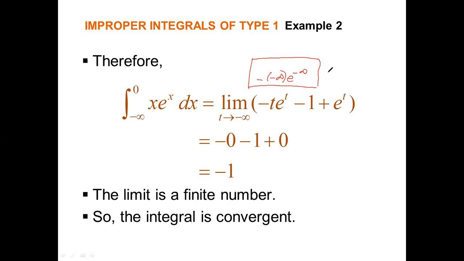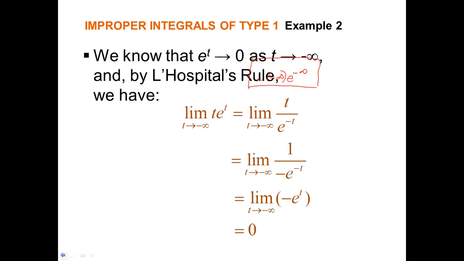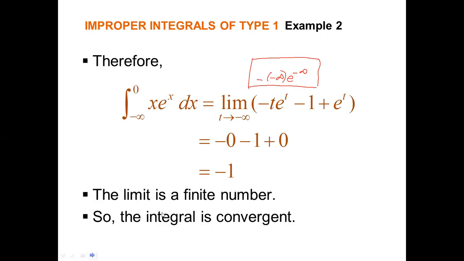However, hindi ko na pag-erase, mabalik lang ko dire sa pihak ha. That's the one that we have discussed here. The limit of t e raised to t as t approaches negative infinity. That's the one that we have discussed previously before we substitute the answer here. Our answer in the previous slide, which is 0, was placed in here.